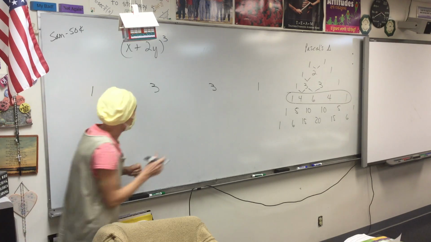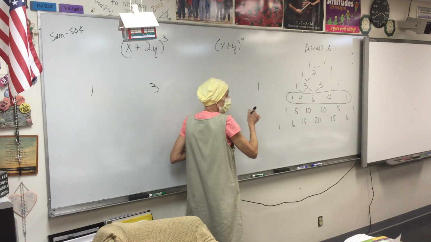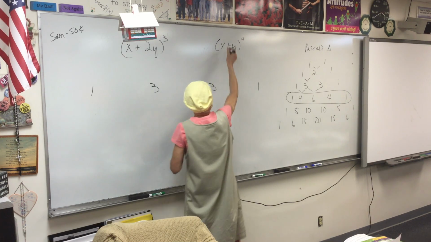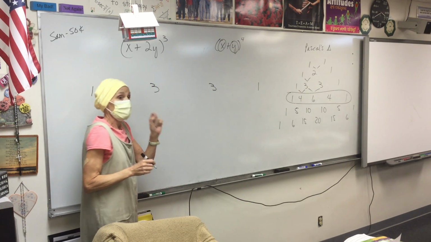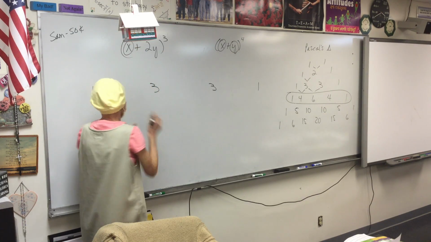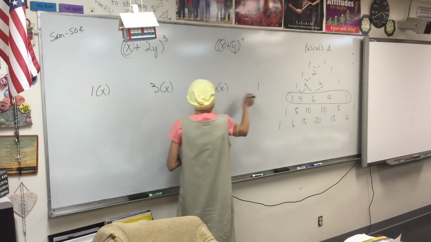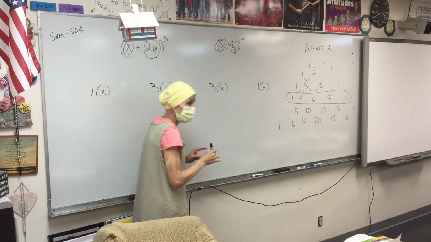Now, do you remember how in the last problem it was (x + y) to the 4th? So once I got my coefficients written down, every term then got an x and a y. This time every term is going to get an x, but then every term is going to get a 2y.